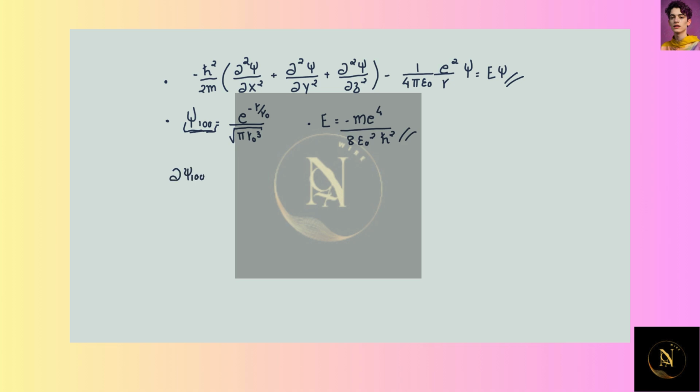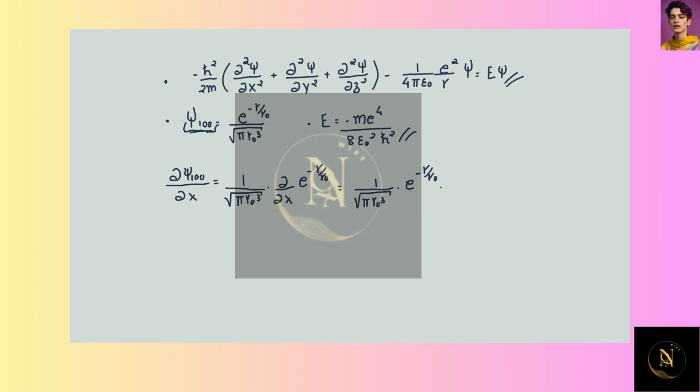So deriving psi100 with respect to x is equal to 1 over the square root of pi r0 cubed, which is just a constant factor with respect to x, times the derivative with respect to x of e to the minus r divided by r0. Remember that the derivative of an exponential is equal to itself, so we just have e to the minus r over r0 again.